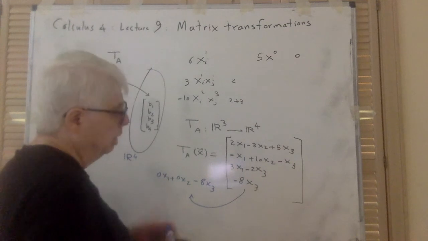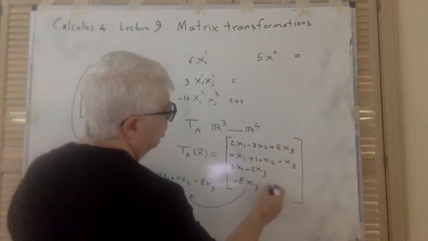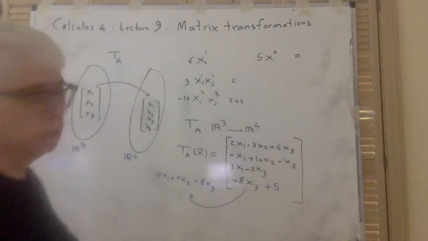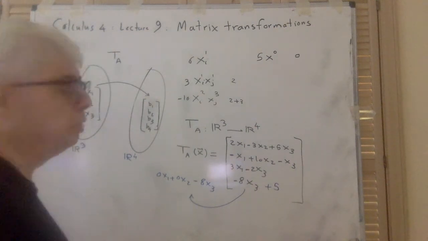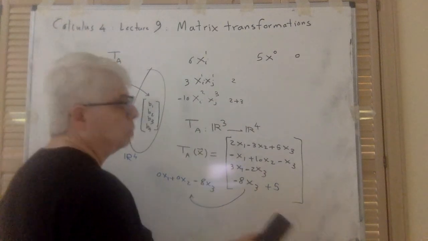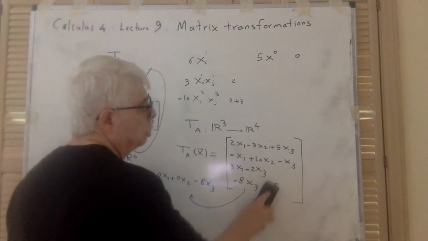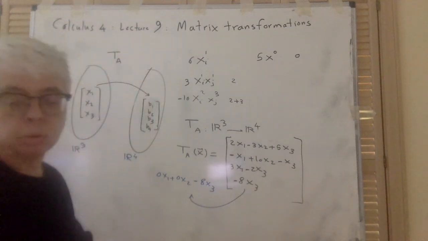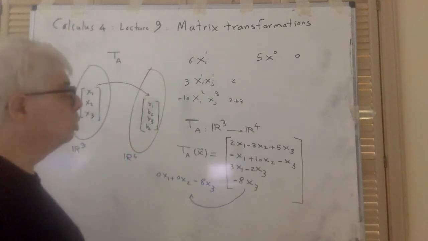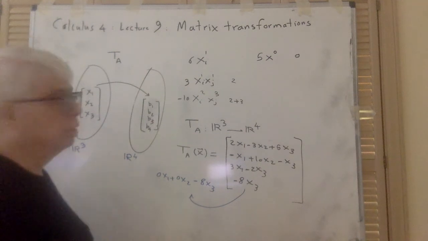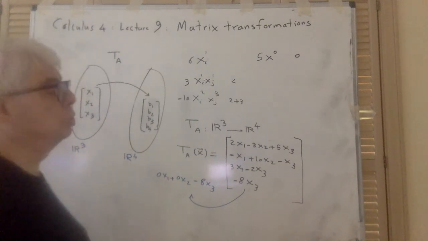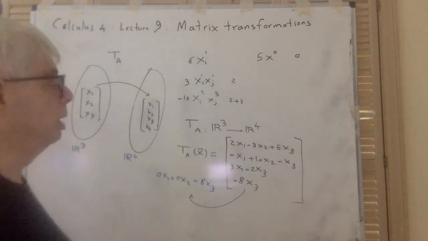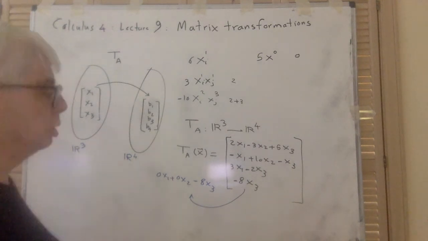If I happen to have like a 5 here, this is not TA, this is not a matrix transformation. This gives you something else. So there shouldn't be constants. There shouldn't be any one of them squared or raised to any power. There shouldn't be any 2 of them or 3 of them multiplied. So no products, no exponents except 1, and no exponent 0, which is constants.